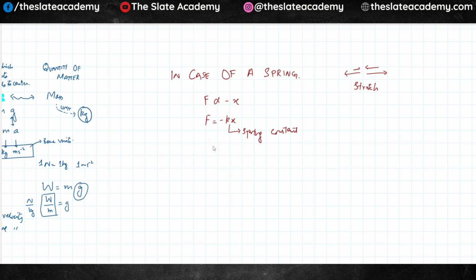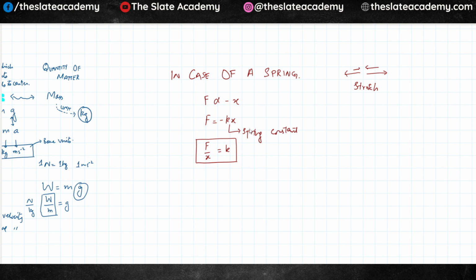This can further be rearranged as, if I ignore the negative sign, F by x is equal to k. And this would be a constant value for a given spring. It's an inherent property of a spring. The same way density is an inherent property, and you will later learn about resistivity, which is also an inherent property.